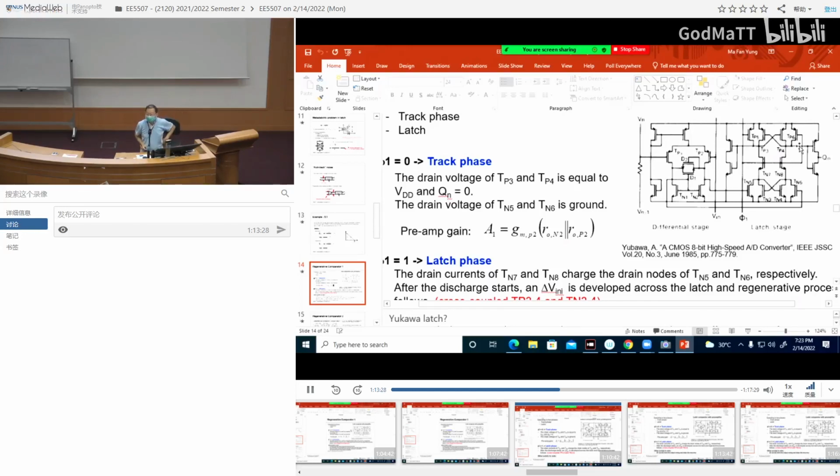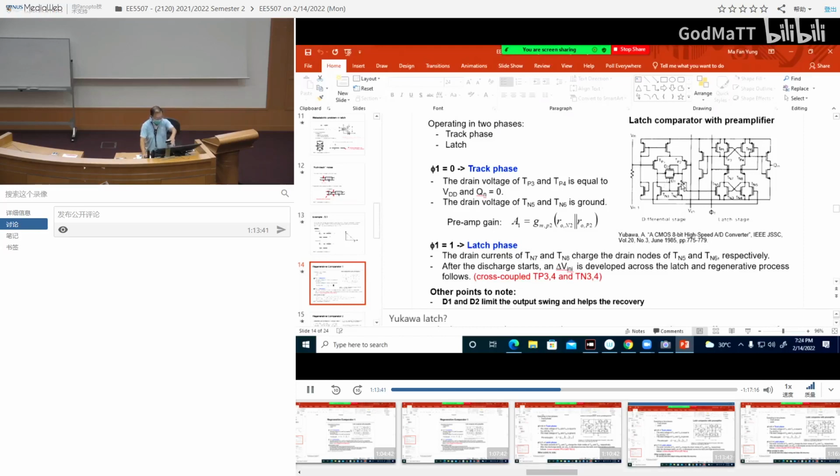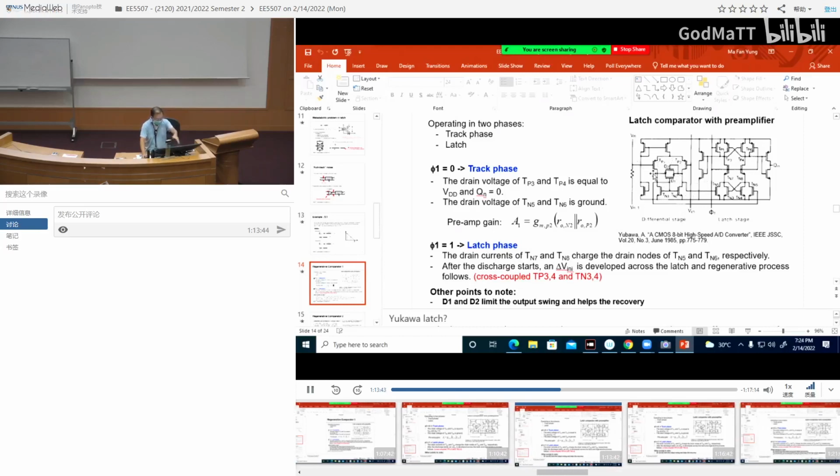So you can see that when phi 1 equals 0, the track phase, this part here is amplifying, because this part here is independent of phi. There's no phi here. And then on this side, these two are off, these two are on, so these two are pulled to VDD. Because this is off, there's no current coming down.